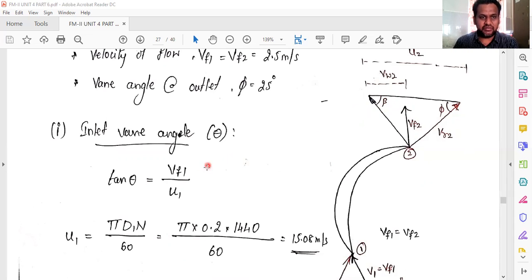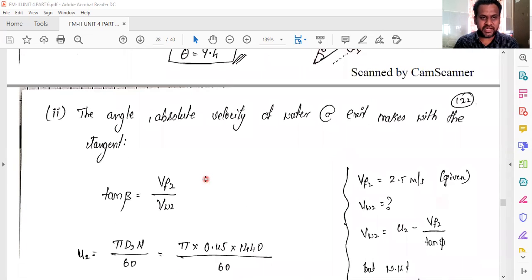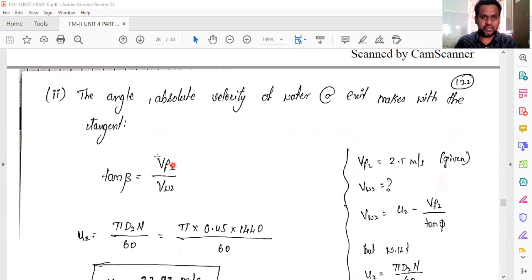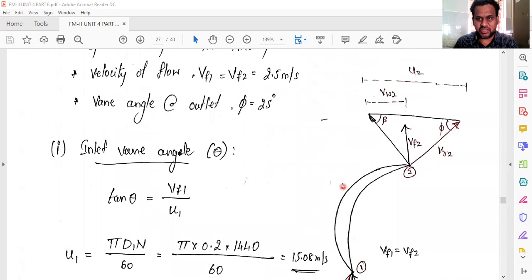So let's start with the second sub question. The angle of the absolute velocity of water at exit with the tangent: tan beta is equal to opposite by adjacent, that is VF2 divided by VW2.